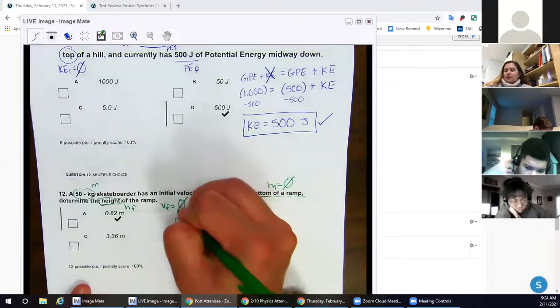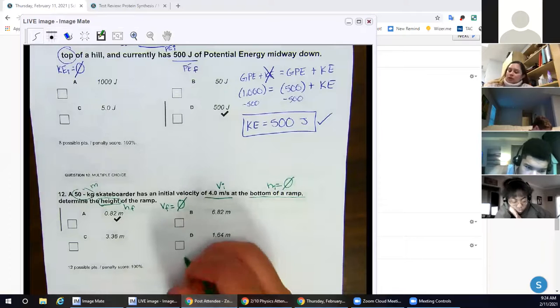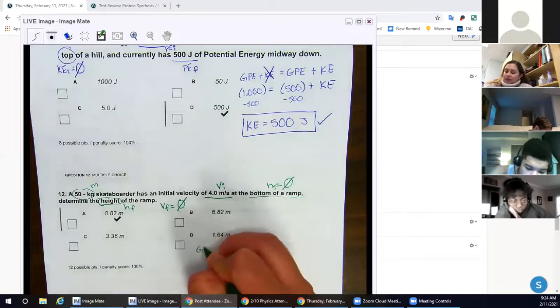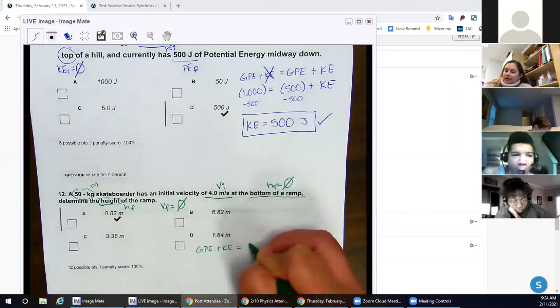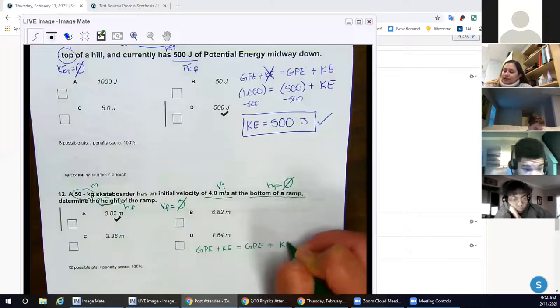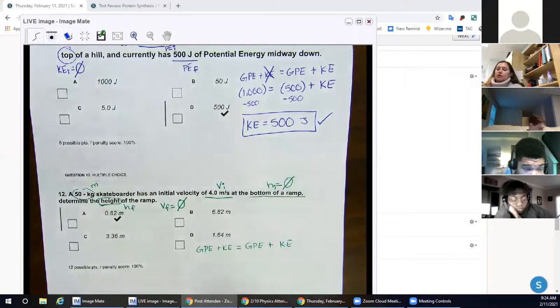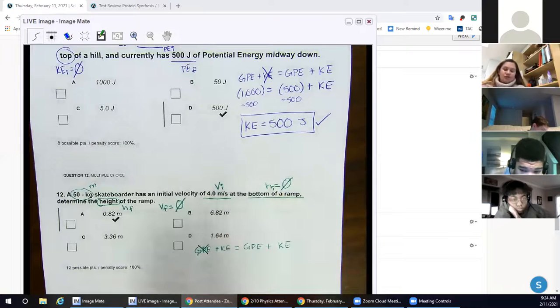0. Good job. So this is another conservation of energy formula. We have our initial GPE plus KE equals our final gravitational potential energy plus our final kinetic energy. So we said we have 0 initial height. We're going to cross out that initial GPE.